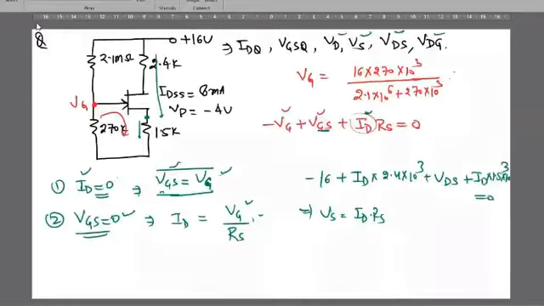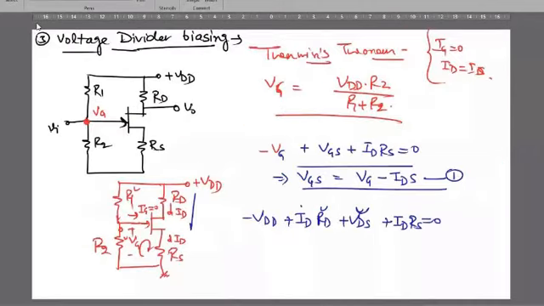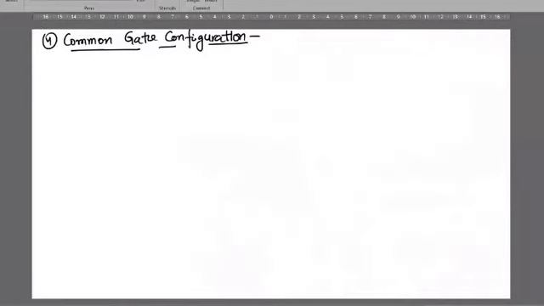You see, everything is common source, in different kinds of biasing. Now you will study the common gate configuration. And what is that common gate configuration? Simply you are having a FET like this.